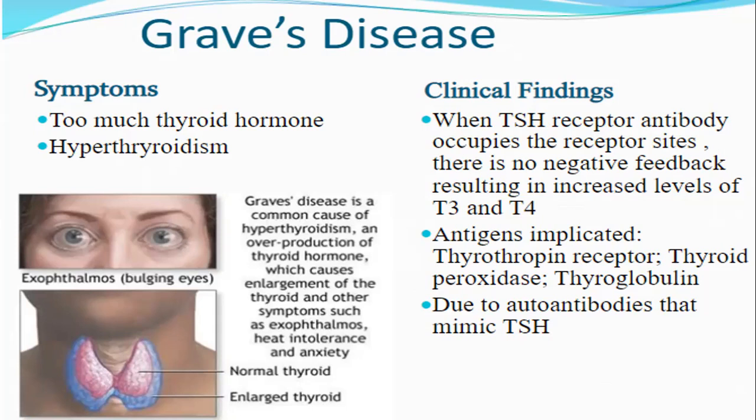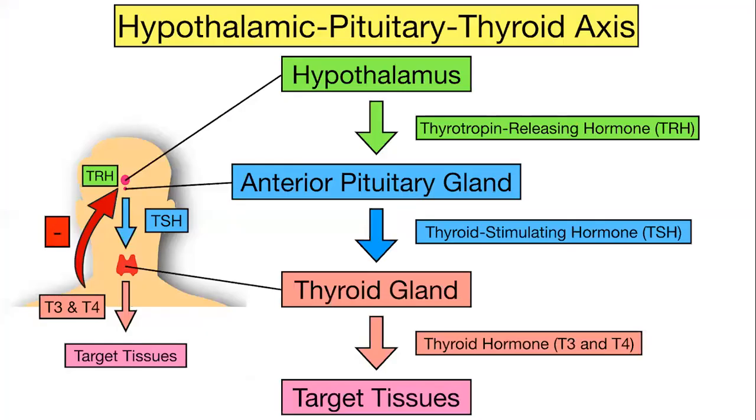But in Graves' disease, there are autoantibodies which occupy TSH receptors, and these autoantibodies mimic the action of TSH, and so produce high levels of T3 and T4. The antigens implicated here are thyrotropin receptors, thyroid peroxidase, and thyroglobulin, and the autoantibodies that I mentioned a while ago mimic the action of your TSH.